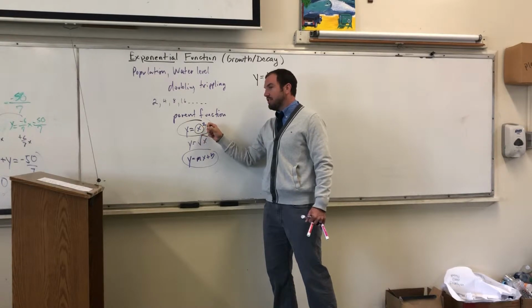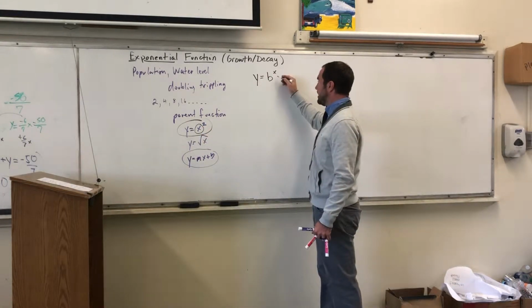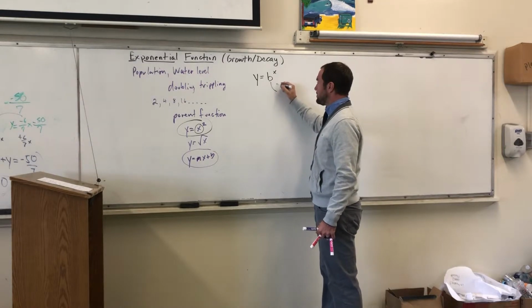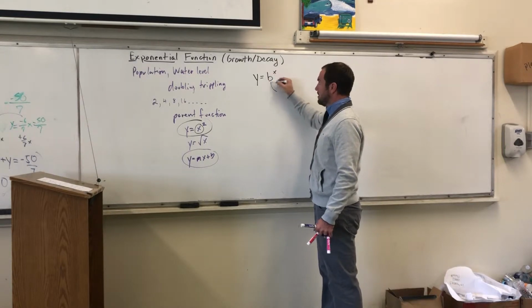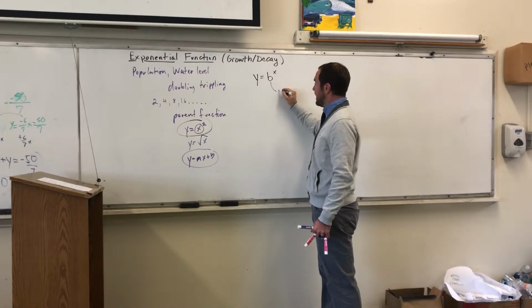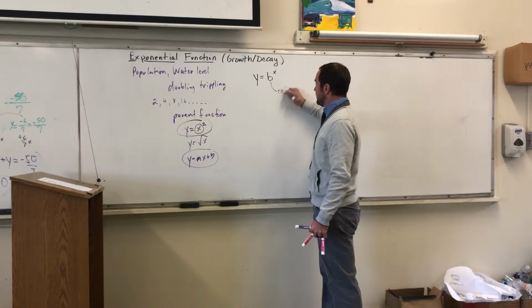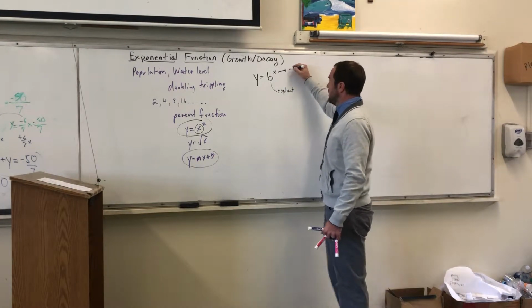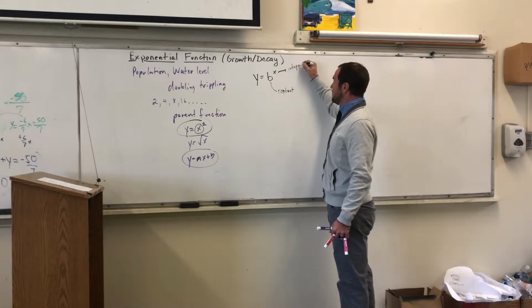And the constant was the exponent. In this case, it's different: this is the piece that's being raised to a certain power, that's your constant. And this is your independent variable.